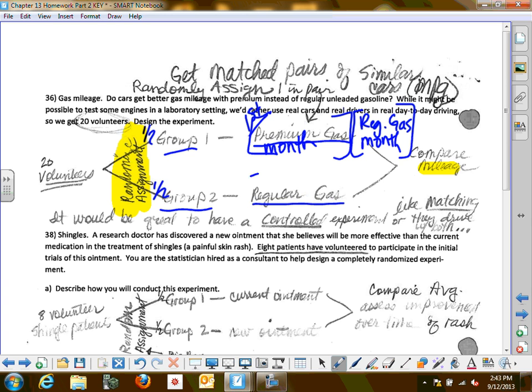So this group gets the regular one first, and they do it for a month. And then they switch and they do premium gas for a month. Okay? So then if this premium right here is doing something special to the car, or whatever, it matters. We want to randomize it so that half are getting it first. All right.